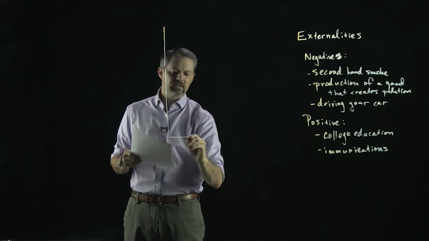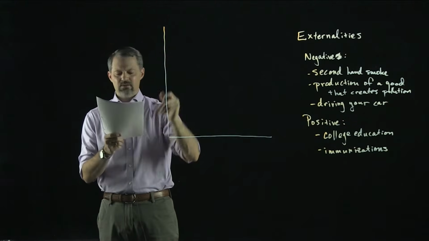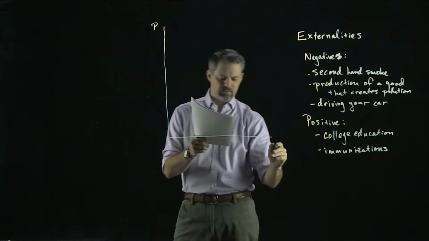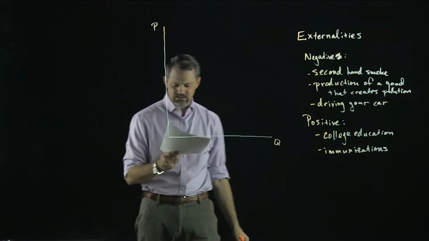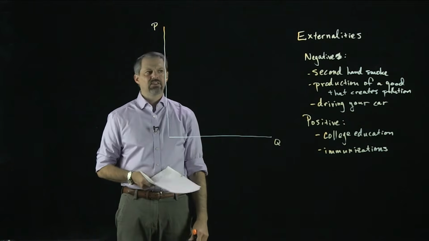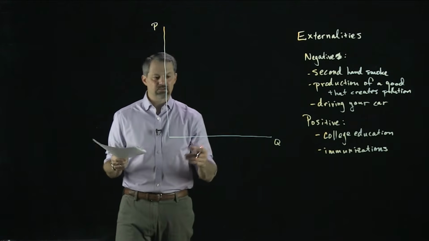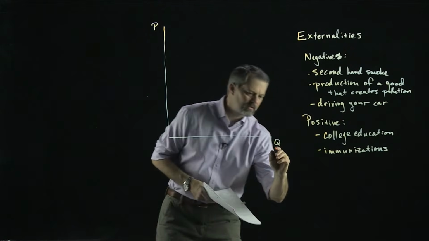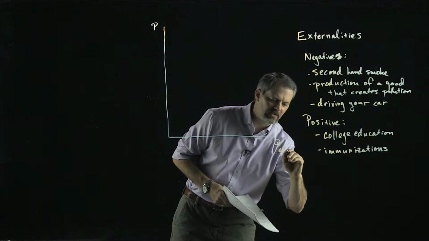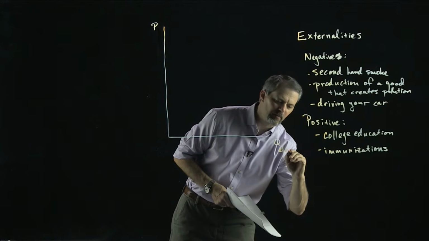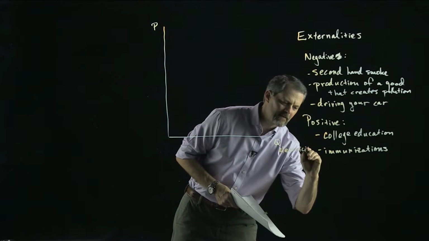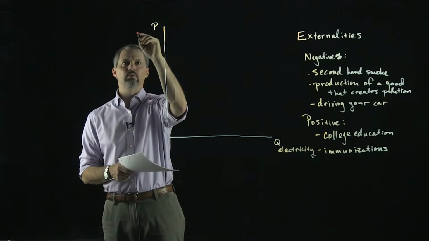So let's start by thinking about what this picture is going to look like. We've got the price up here and the quantity down here. Let's think about, say, the production of electricity. Okay, so let's say that this is the creation of some amount of electricity. And so here's the price of electricity.